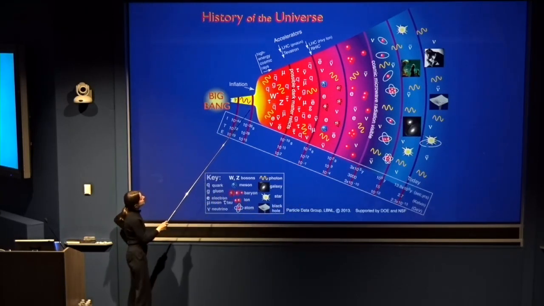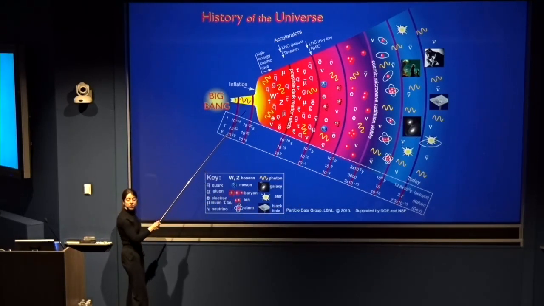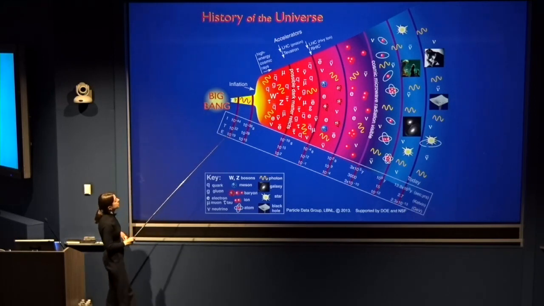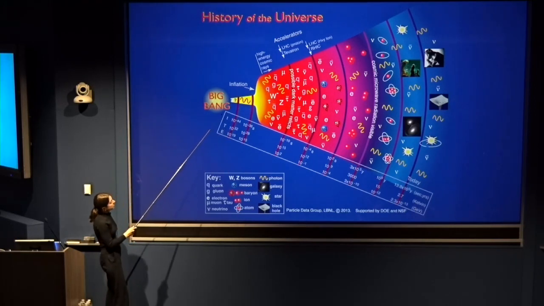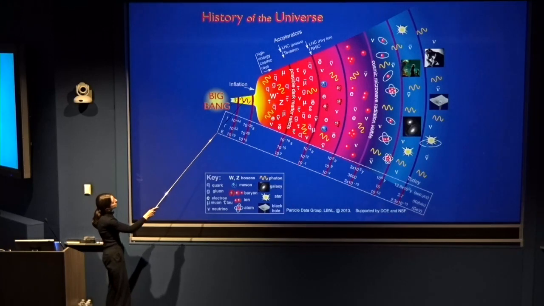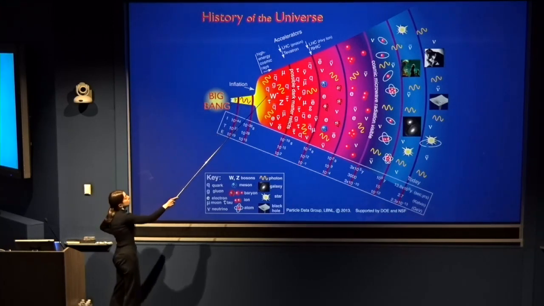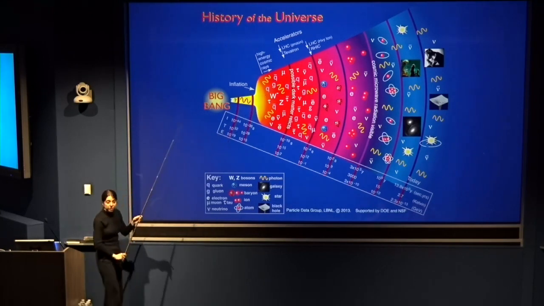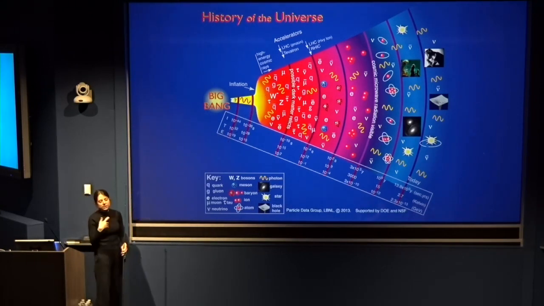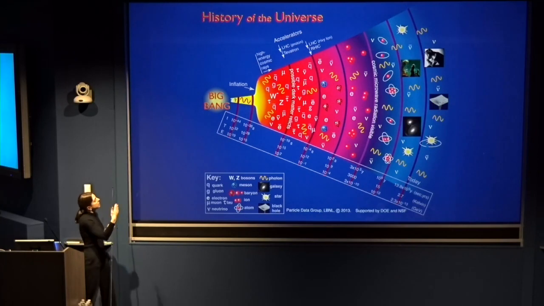There's this period very early on referred to as inflation, where we have accelerated expansion. And that symmetry breaking process that I described to you can either occur here, right before inflation, or here after inflation. And there are different sets of observable consequences depending on when that process happens.